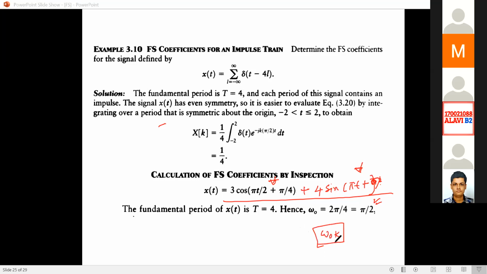Here k is an integer. Then, after adding these two terms, you have to find the resultant frequency, that is, the fundamental period of the combined signal. Then accordingly, you proceed with calculating your Fourier constants.